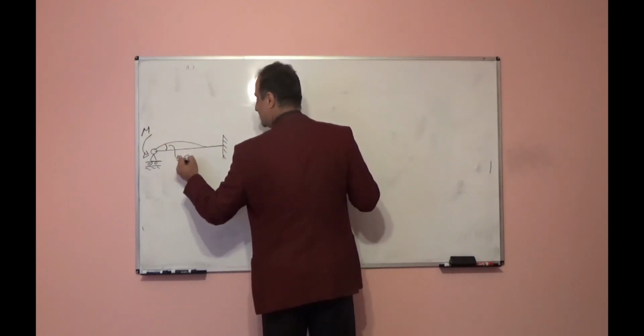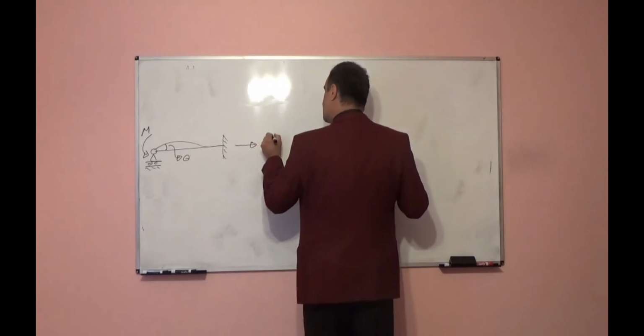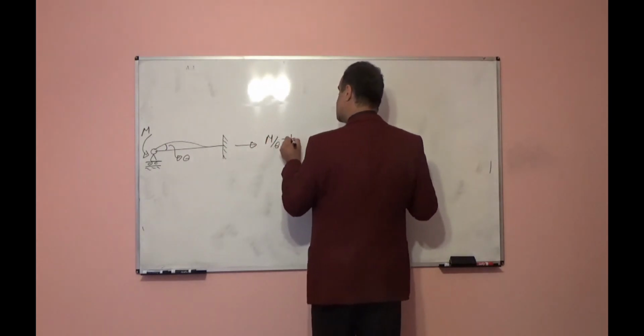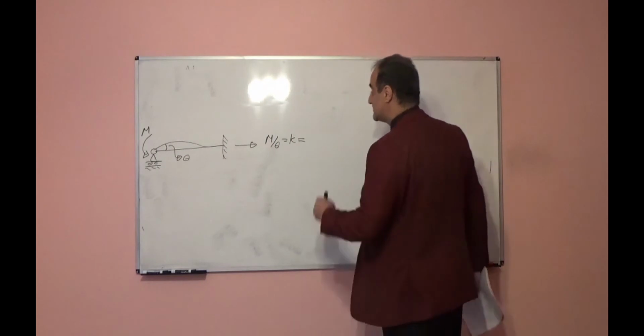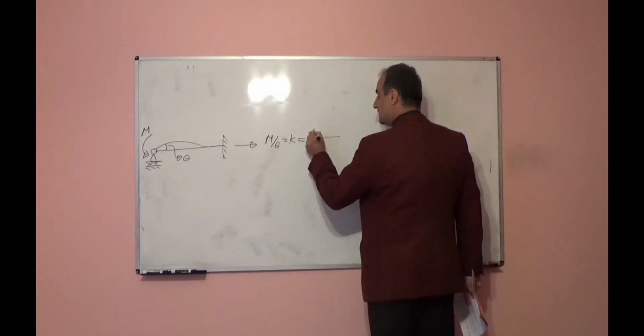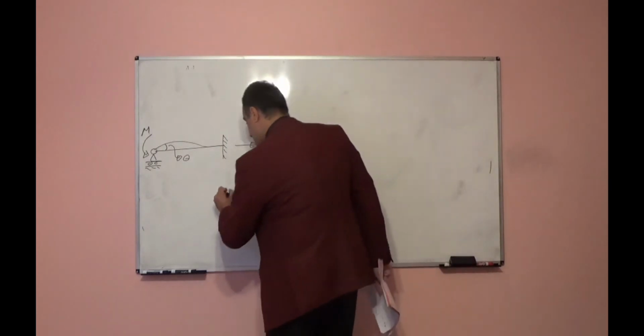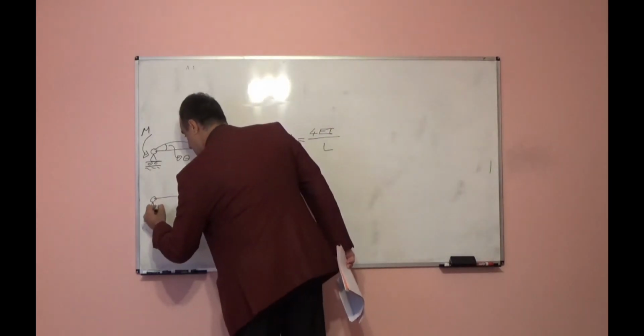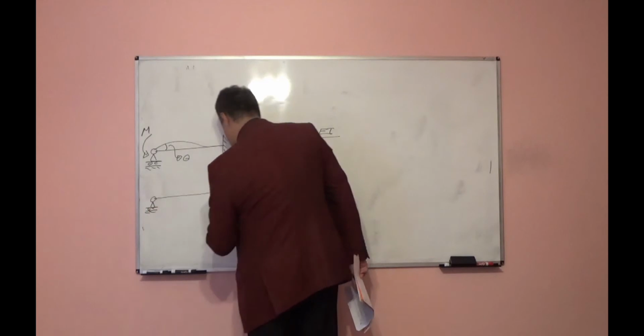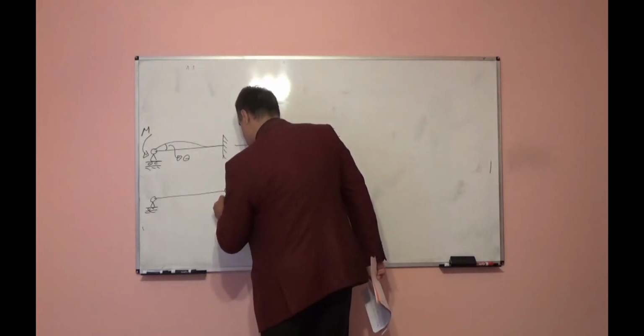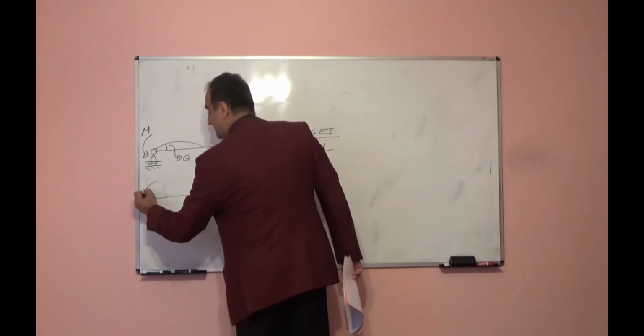This is theta, and M over theta, which is the rotational stiffness, will be equal to 4 EI over L. If the far end is hinged, I apply moment M here.